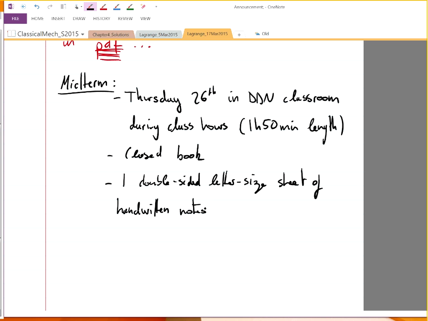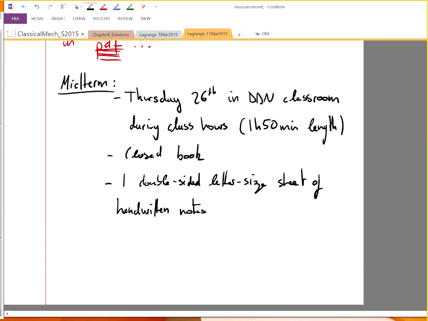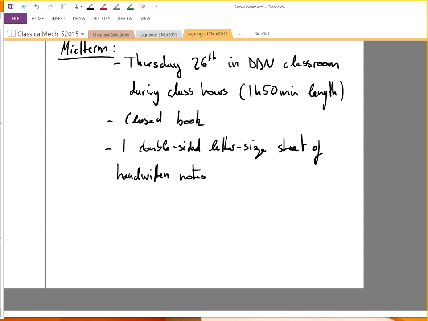And there will also be a formula sheet provided with the exam. So if, for example, it required you to solve an integral or a derivative, those would be provided. So you don't need to spend a bunch of time writing out a bunch of integrals and derivatives.